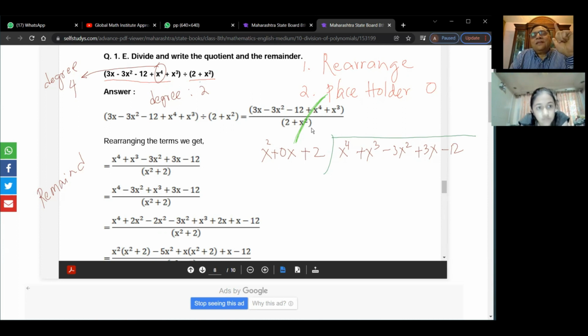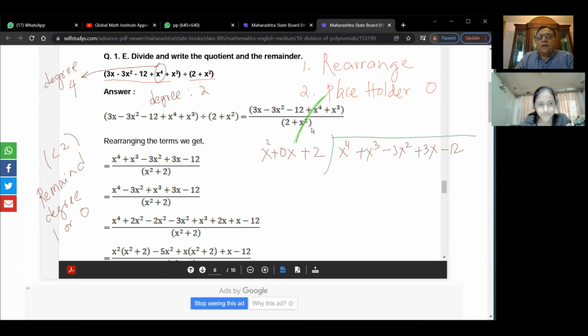The remainder will be less than degree 2. It could be 1 or 0. 0 means it could be a constant, 1 means linear. So let's begin and see how we can divide it.